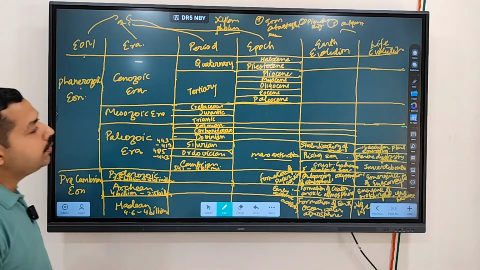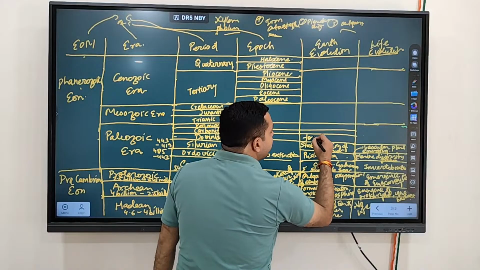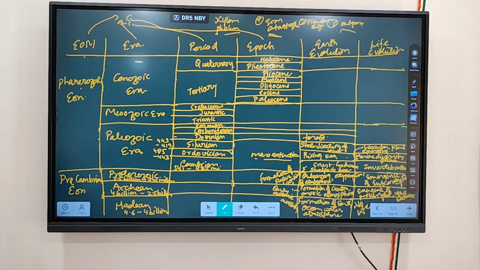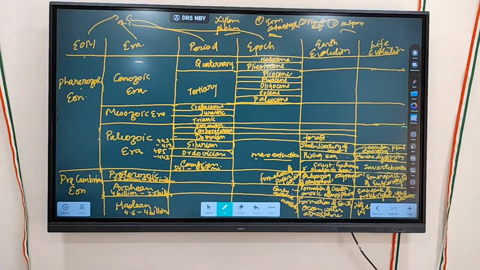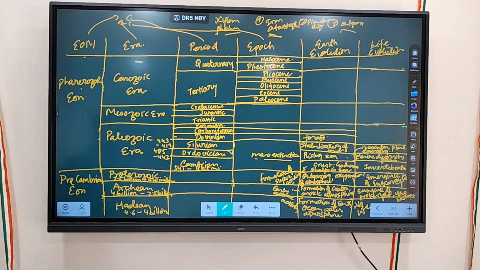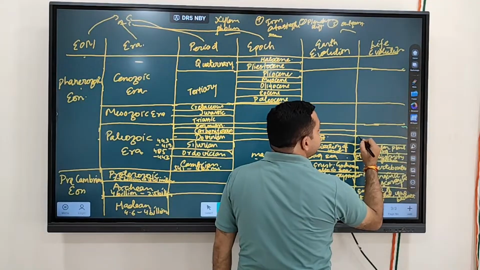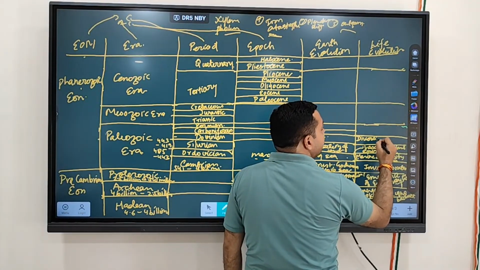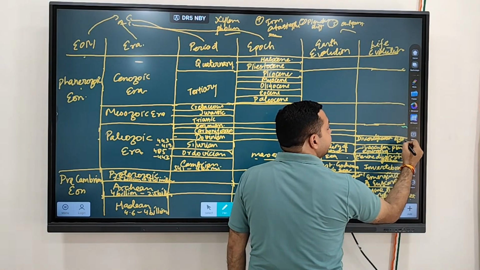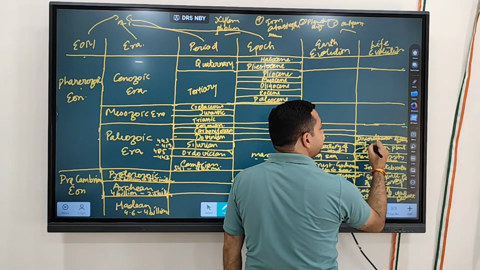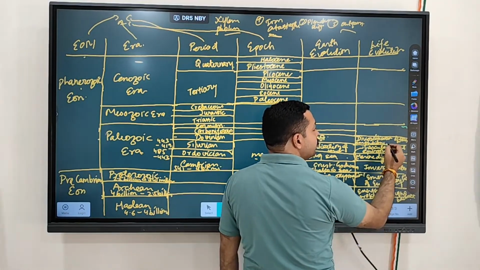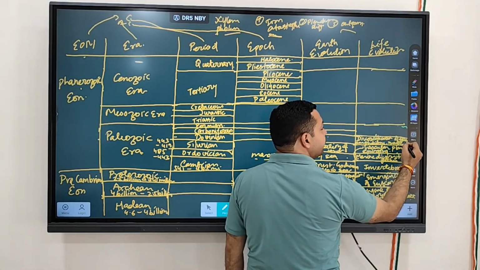Now, what happens in the Devonian period? You'll see the emergence of forests, with more and more trees growing. You'll see diversification of fishes and amphibians, and also a second mass extinction.